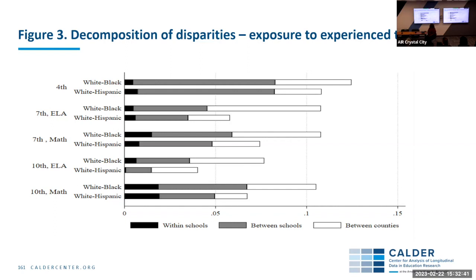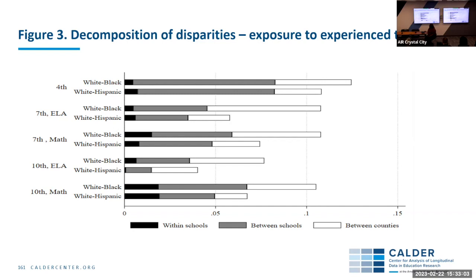Let's just start at the top. At the top, we've got fourth graders, and we've got two bars there. One is white versus Black, and one is white versus Hispanic. The length of the bar is the difference that showed up in the previous graphs between whites and Blacks, or between whites and Hispanics.